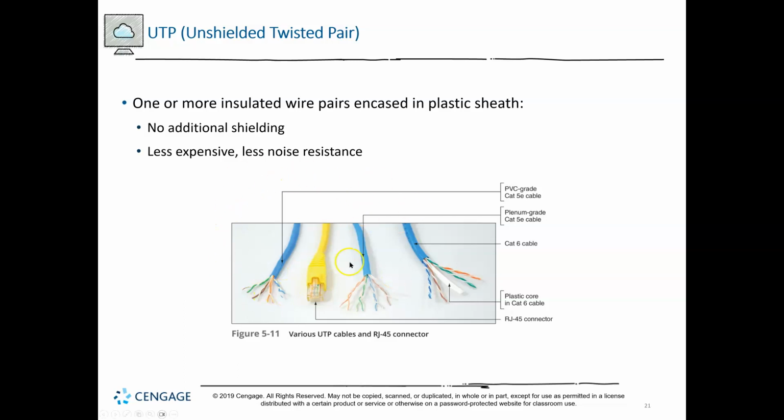So here's a question. What's the difference between this and this one that says it's plenum grade? You guys ever heard the word plenum? When your guy comes and works on your air conditioner, you may say, hey, your plenum space needs to be bigger. So plenum is an air space. So when I look up here and I see all of those air exits, oh, that's great.